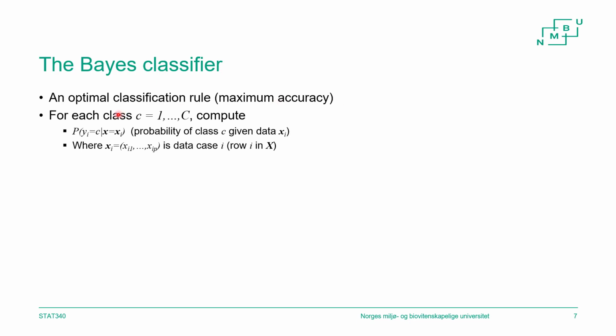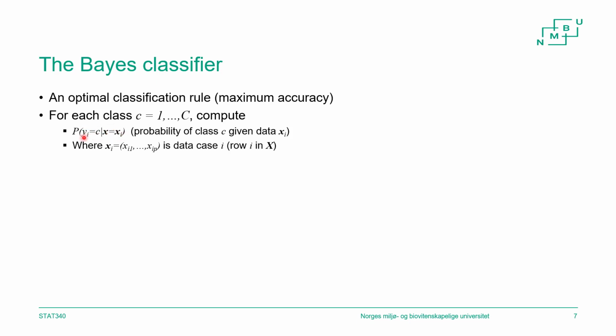So what does it look like? Well, first of all, for each class C, it's either 1, 2, up to this capital C classes, right? Remember, we have capital C classes. So let's consider one class now. Compute then what we call the probability of the class given the data.